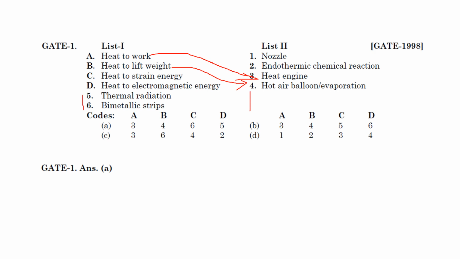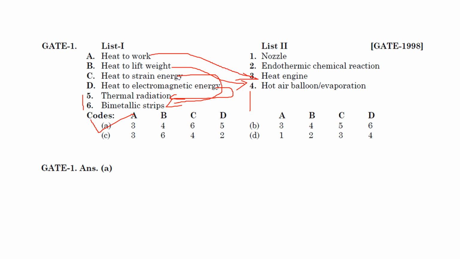This A, B, C, D we have to match with 1, 2, 3, 4, 5, 6, so this should be here. Heat to strain energy is nothing but the bimetallic strip, and the last one, heat to electromagnetic energy, is thermal radiation. So the answer is A. There is some misprint here, so this 5 and 6 should be here.